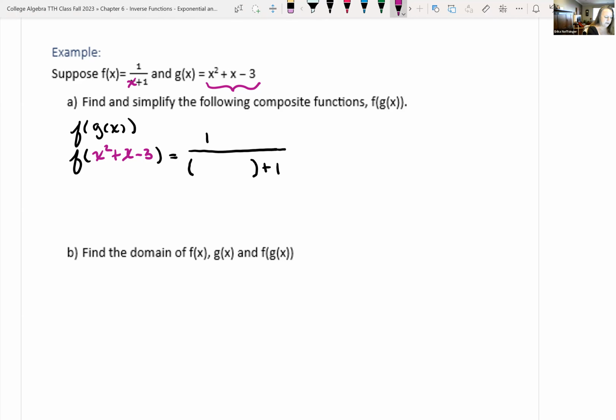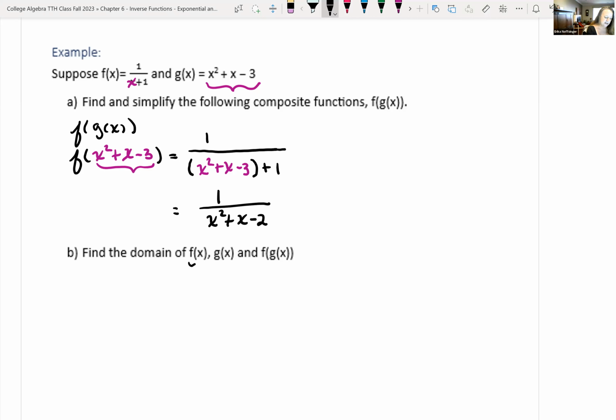And we're going to drop in the input, which is our g of x, x squared plus x minus 3, inside that parentheses. Notice I can simplify this a little bit. This is 1 all over x squared plus x, and then negative 3 plus 1, that's minus 2.